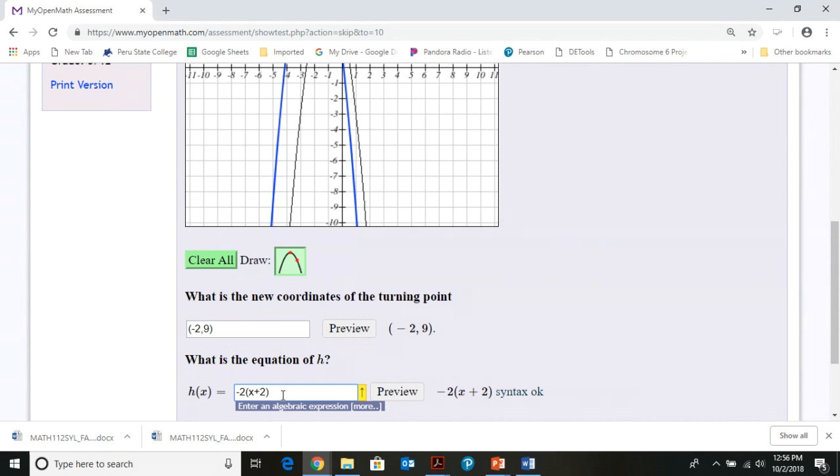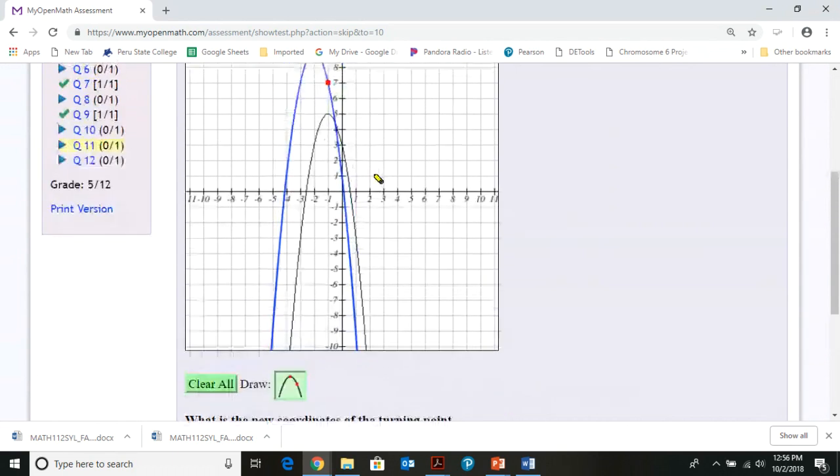So it was x plus 1, but remember we added 1 to the x values because we moved it to the left, which means in the equation we add 1, and that was squared. And then it had a plus 5 on it. Oh, I guess I can scroll up, can I?